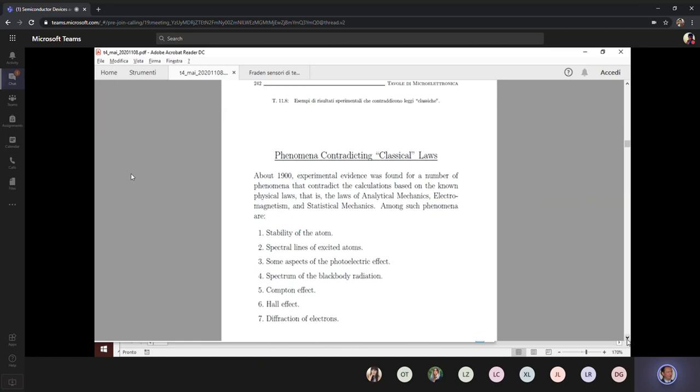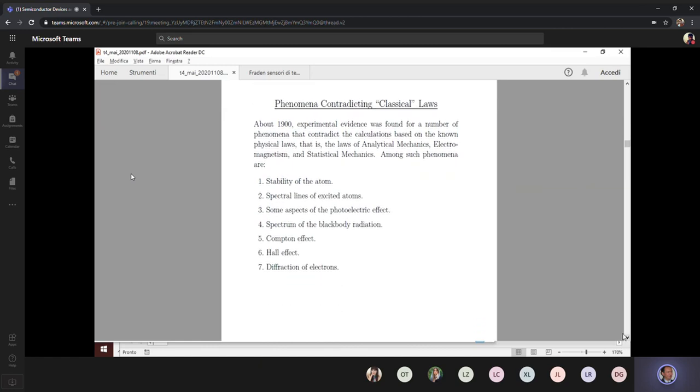As I anticipated, at the end of 1800, everybody was happy with physics because analytical mechanics, electromagnetism, and statistical mechanics were all set.